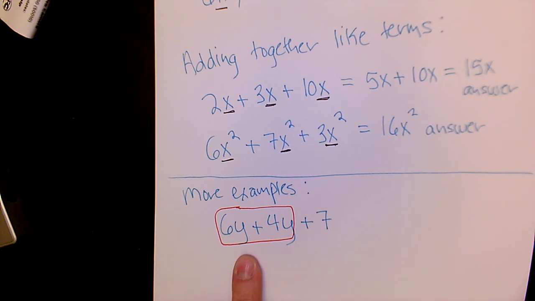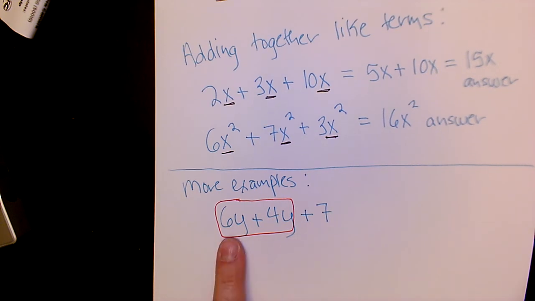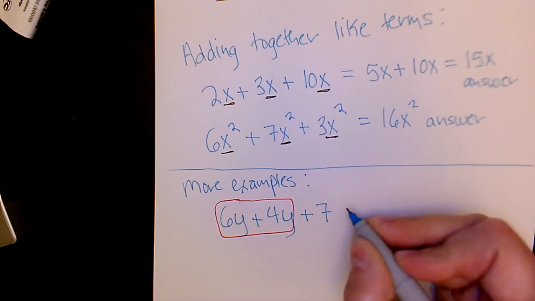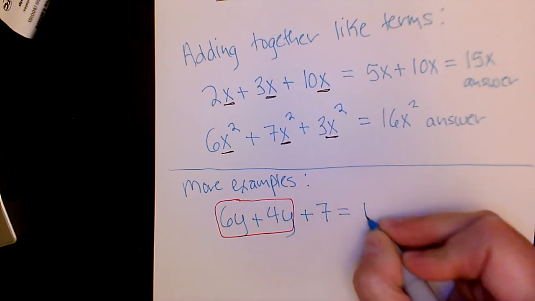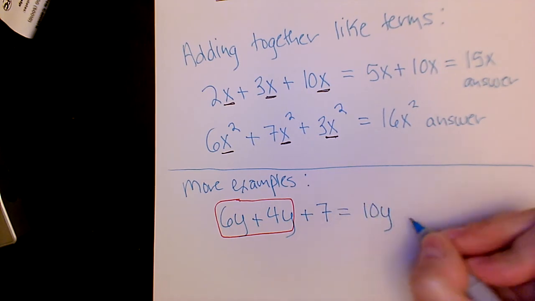I can't put it with the 6y and 4y because they don't match up. One's a constant, and these are with the variable y. So what's 6y and 4y? 10y.